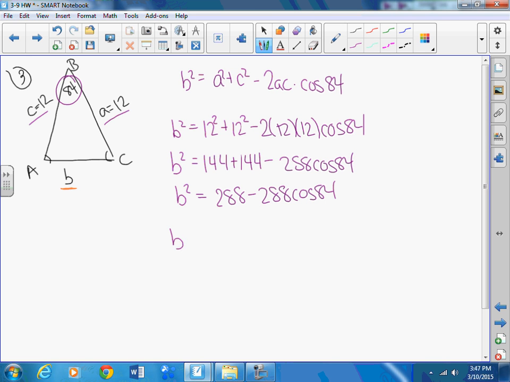I'm going to have to take the square root. So B is going to be equal to the positive square root of 288 minus 288 cosine 84. Put it into your calculator like this: square root 288 minus 288 times the cosine of 84. Boom. B is equal to 16.1 because we're rounding to the nearest tenth. Don't put something gross into your calculator until you absolutely have to work with that decimal.